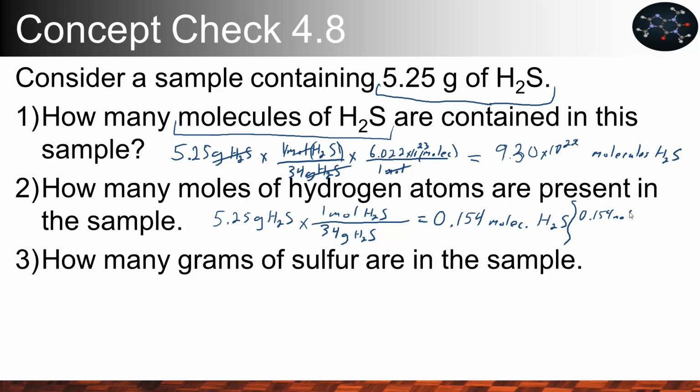0.154 moles of H2S times 2 hydrogens every 1 H2S. Yes, these two things cancel out. Right, that should be on the top, not on the bottom. I just ran out of room.